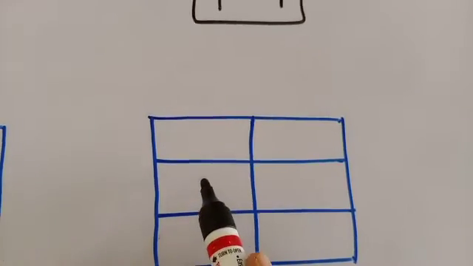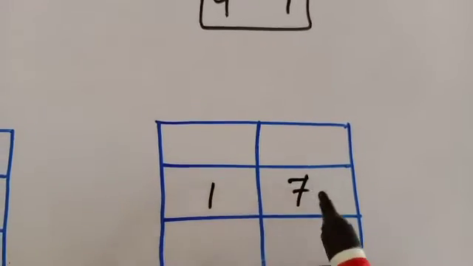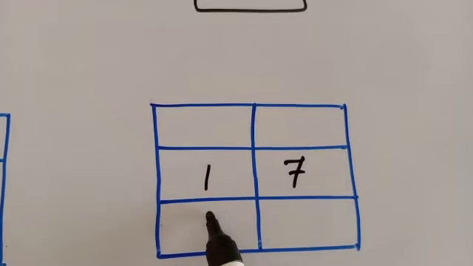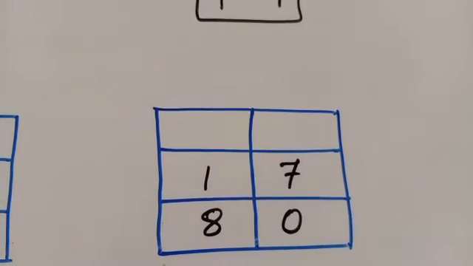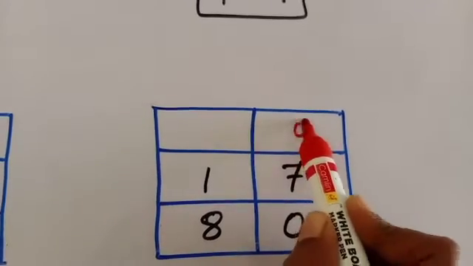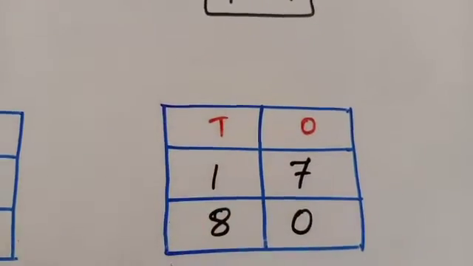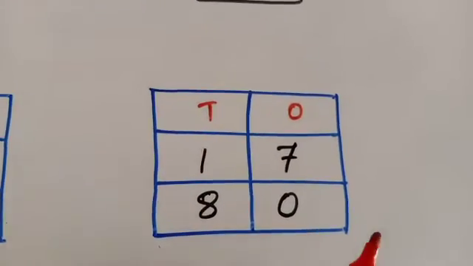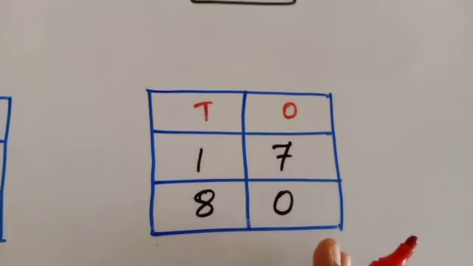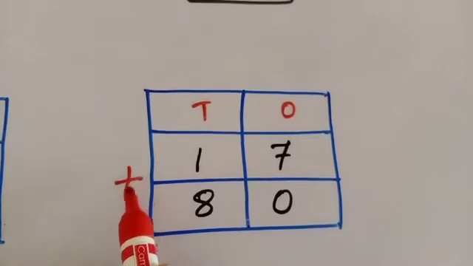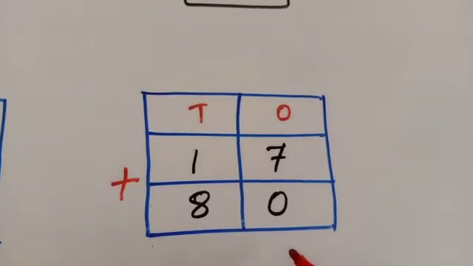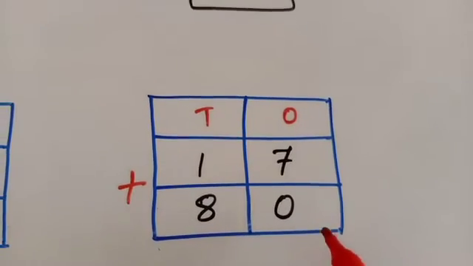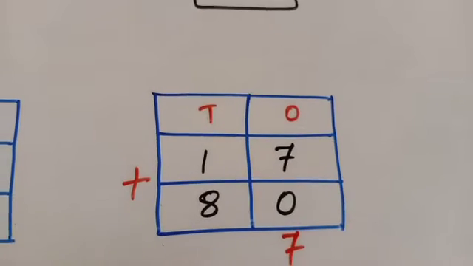So let's write the number 17 apples in one basket and 80 apples in one more basket. So what we have to do now? Ones place, tens place. Now we have to find out the total apples. So we have to add this. 7 plus 0. How much, children? 7 plus 0 is 7.